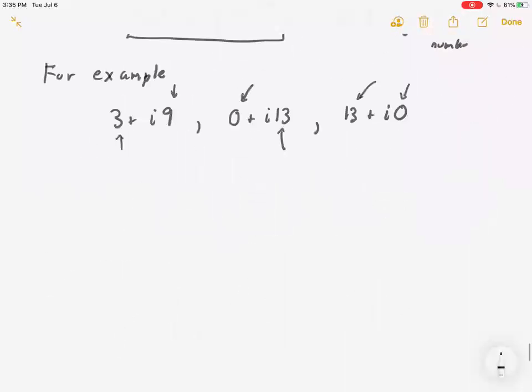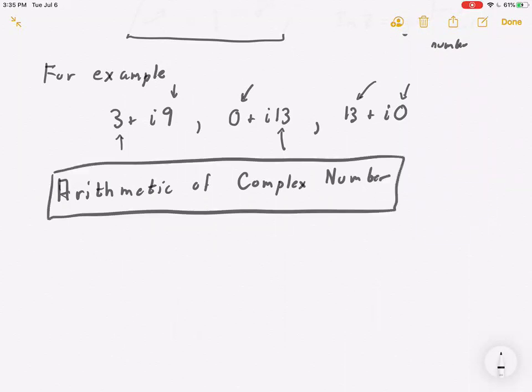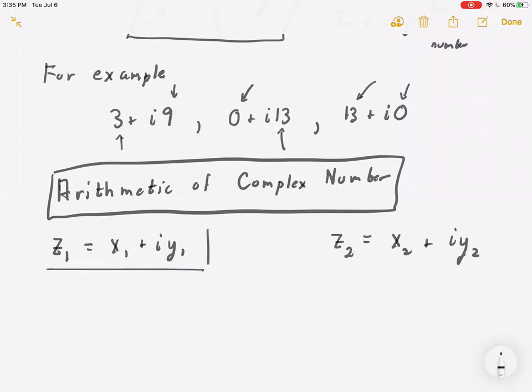What can you do with complex numbers? Do they have an arithmetic? And the answer is yes. So for example, suppose you have a complex number z sub 1. Well, let's define it accordingly. And let's suppose you have another complex number, z sub 2. So that we don't confuse it with z sub 1, we'll define it accordingly. Well, x sub 1 and x sub 2 are the real parts of z sub 1 and z sub 2, respectively.